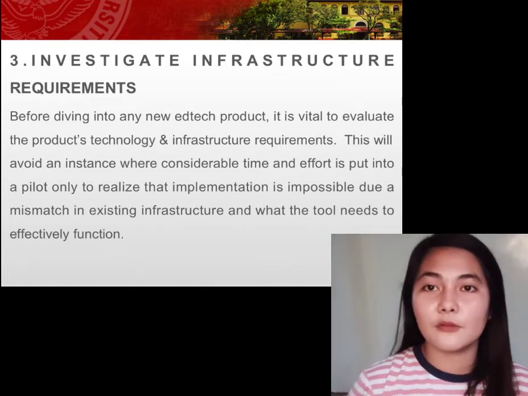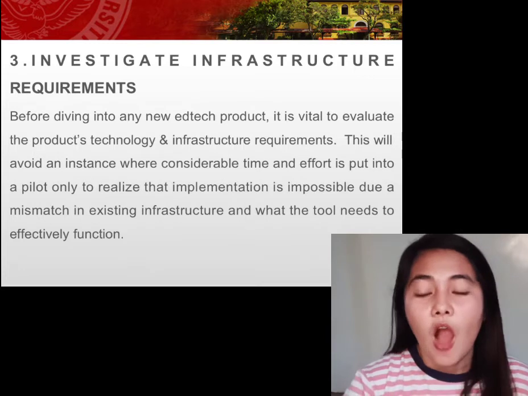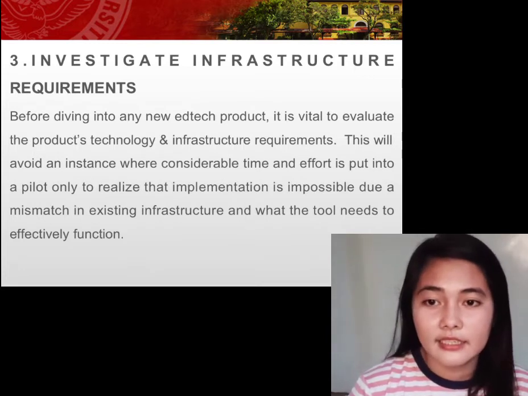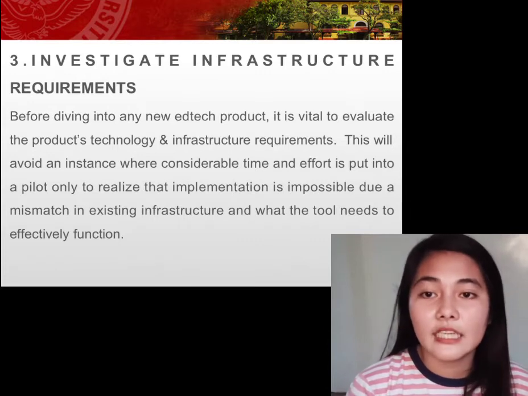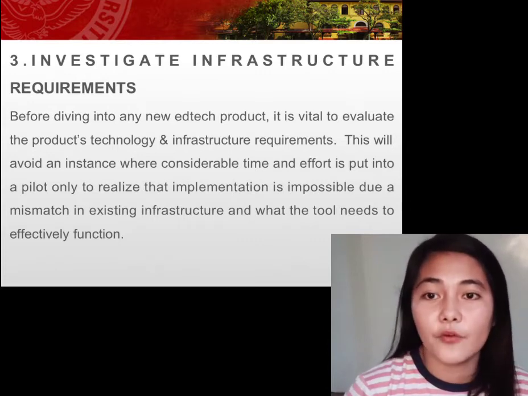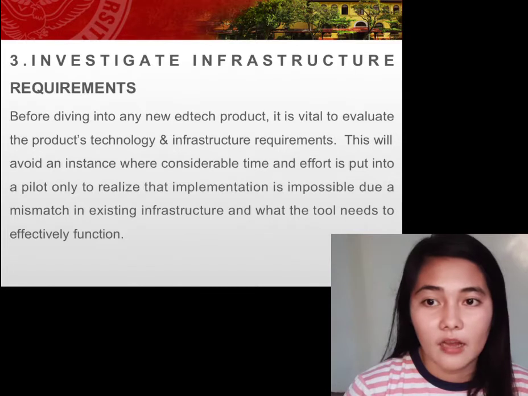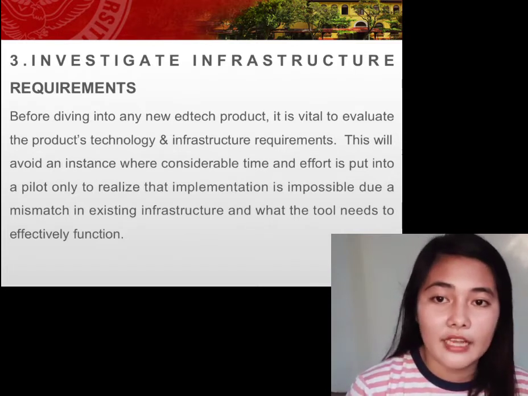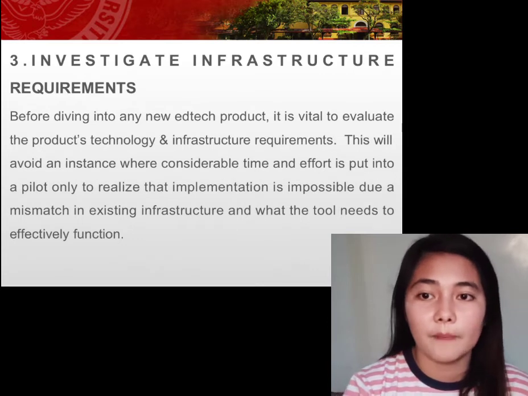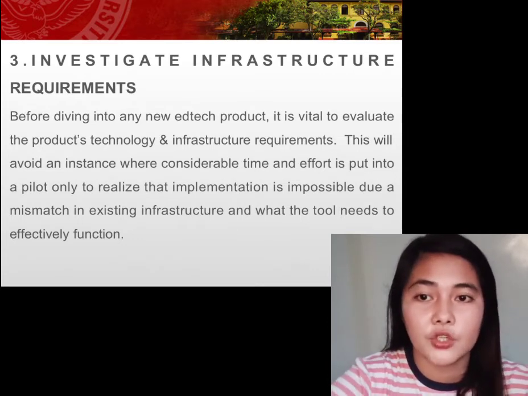For number 3, to answer the question, what steps need to happen for initial setup? For example, software installation on devices, class roster upload, student password creation.